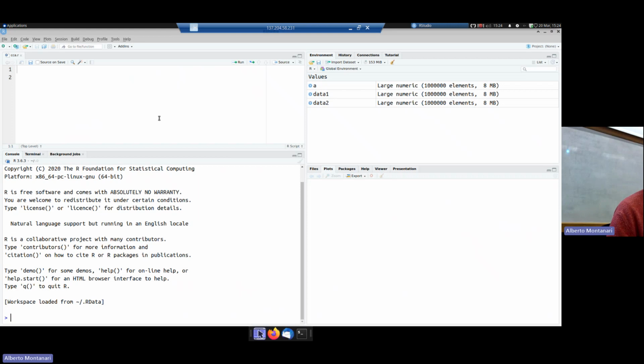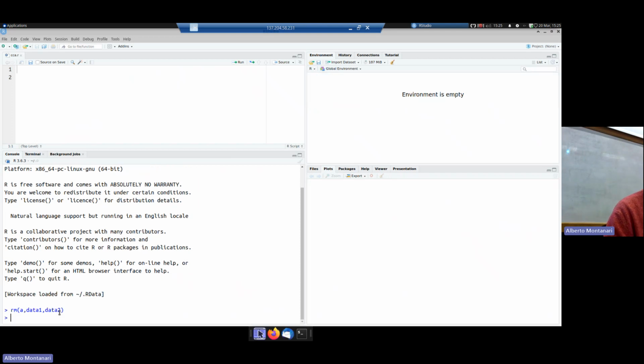We just did some basic computations here. And I still have in the global environment these numbers, which I think I should remove now. So let me remove from the console A, data 1, data 2.